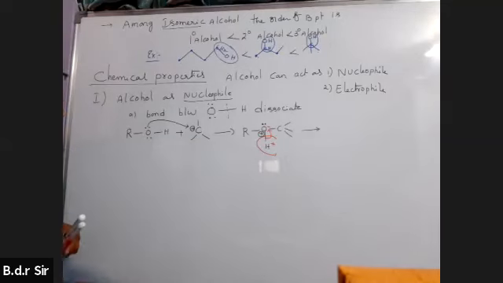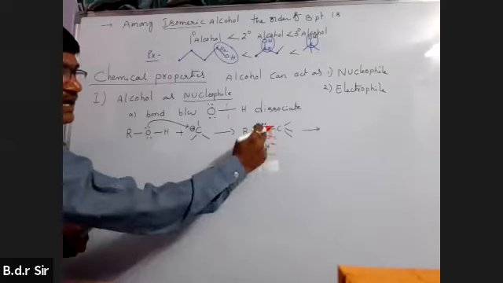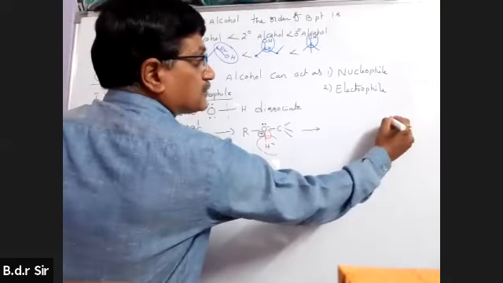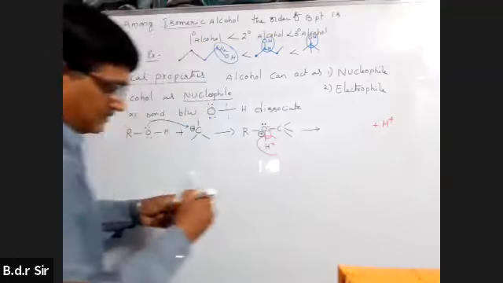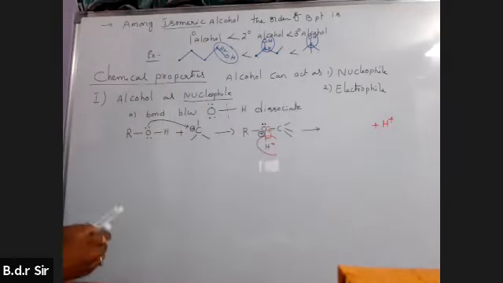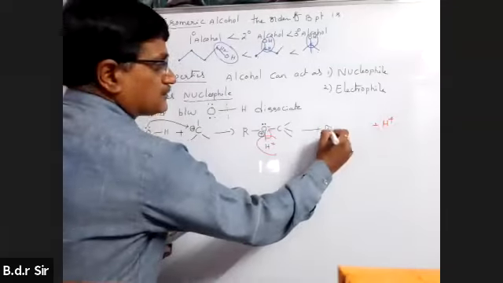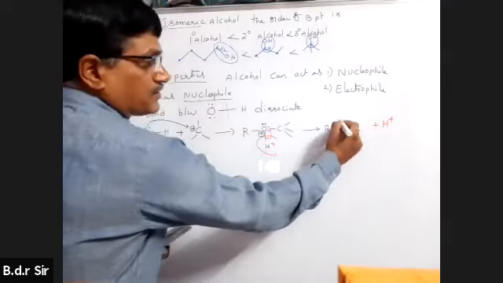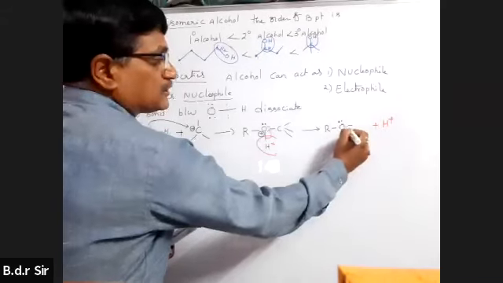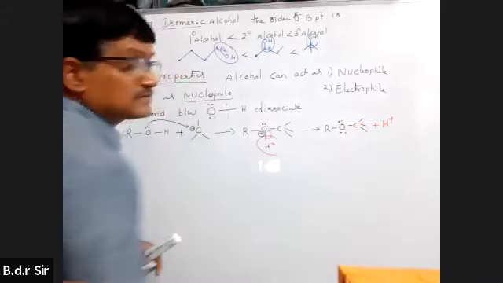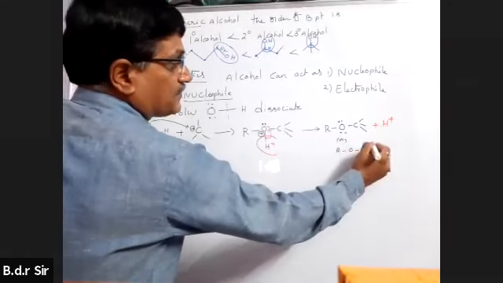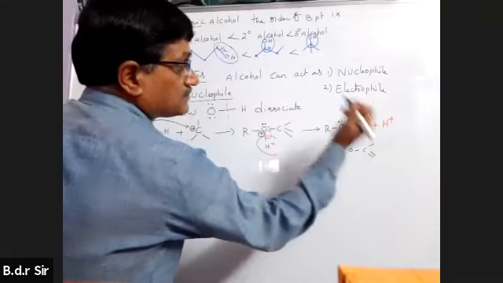The OH bond is breaking. When the OH bond breaks, it gives H plus. What is the remaining? R-O with two lone pairs on the carbon, or sometimes it forms a double bond.